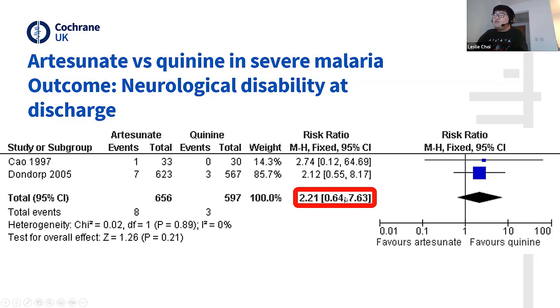But the confidence intervals are very, very wide, ranging from 0.64 to 7.63. So almost a 600% increase to a 36% reduction. So very wide and crosses what might be defined as clinically important thresholds.